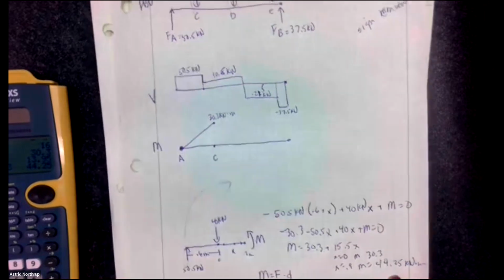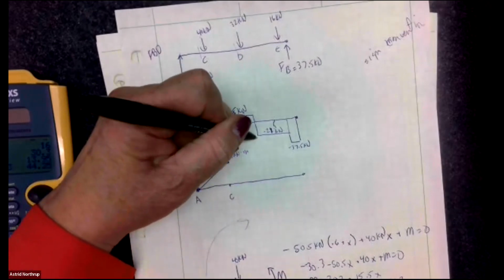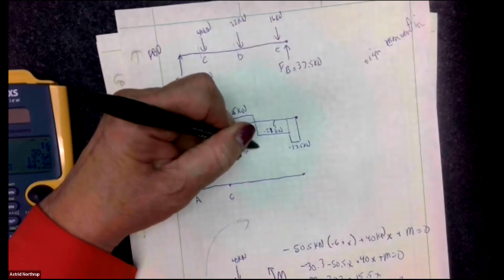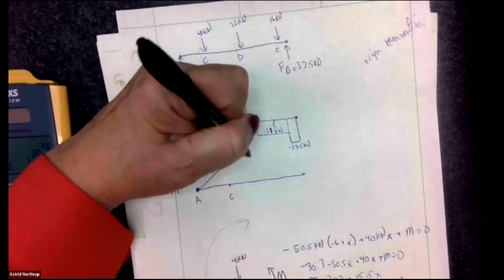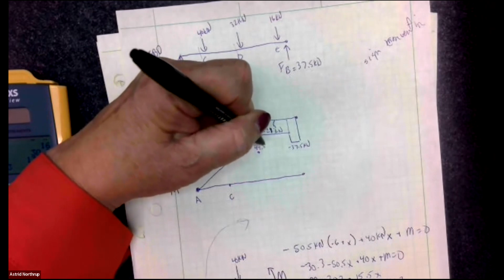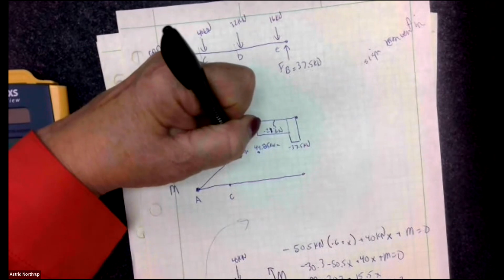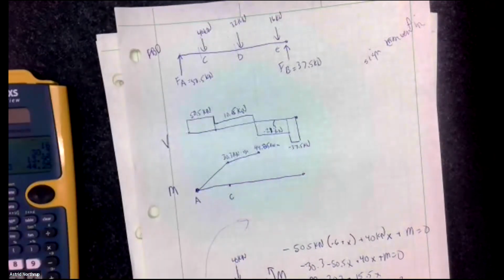All right, so we start here, and up to here, we increase, but we're not going to increase at the same slope. We've decreased the slope of that line, right? So it's still a straight line, but now we're just going up to 44.25 kilonewton meters. So the slope is a little bit flatter, like that.